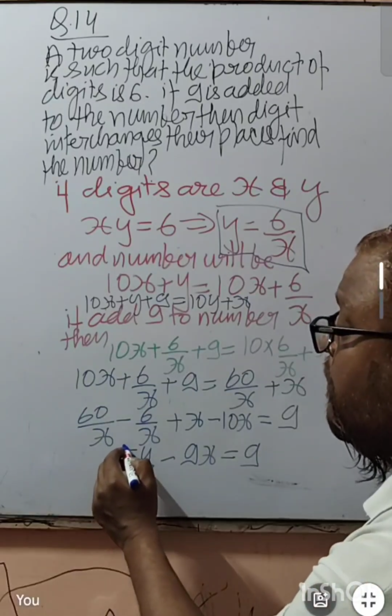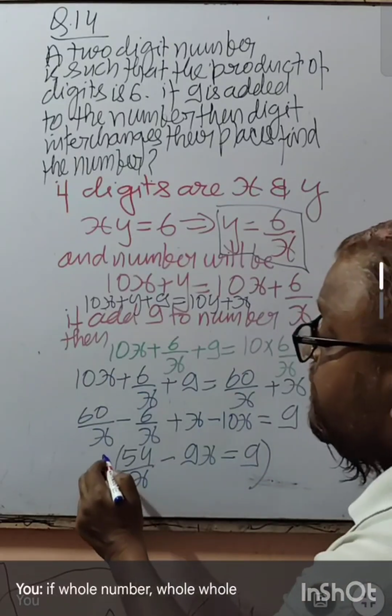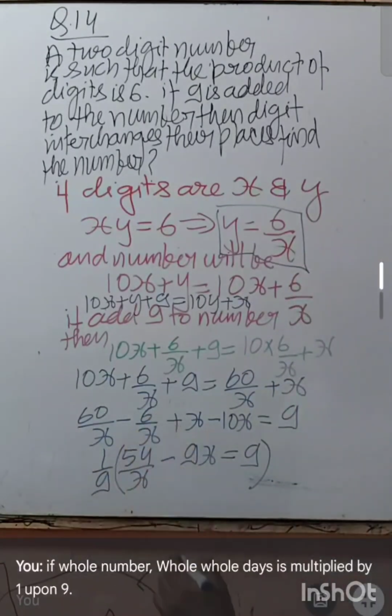If the whole thing is multiplied by 1 upon 9, so how much do you get?